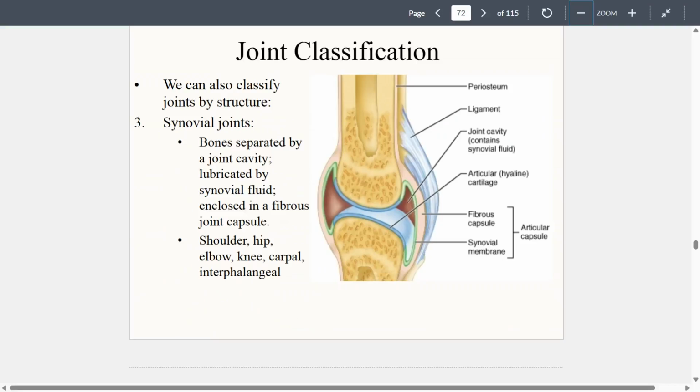This fluid is going to act as a lubricant, allowing the two bones to glide over each other in a smooth motion. So for synovial joints, think your shoulder, your hip, your knee, the carpal interphalangeal joints. So where your carpal bones, your wrist bones, meet the bones of your palm of your hand.